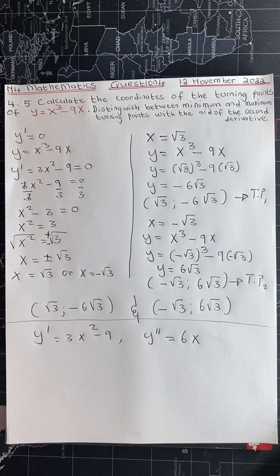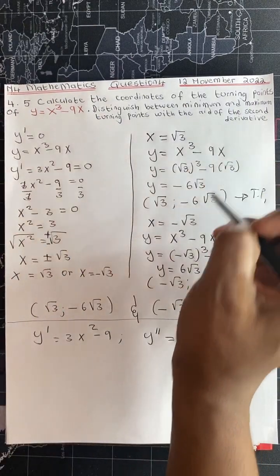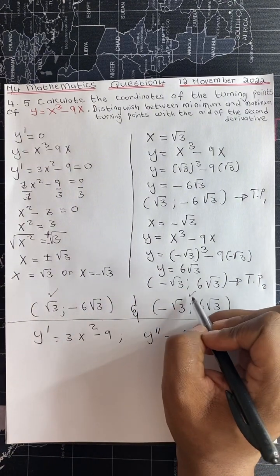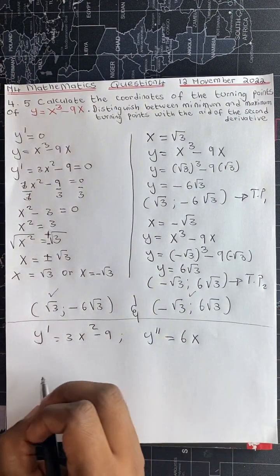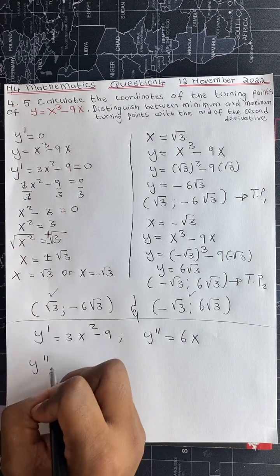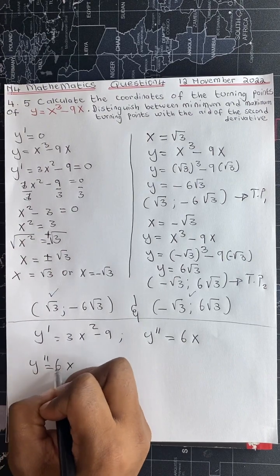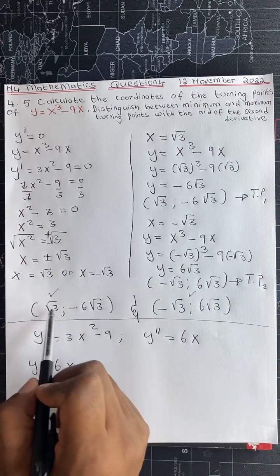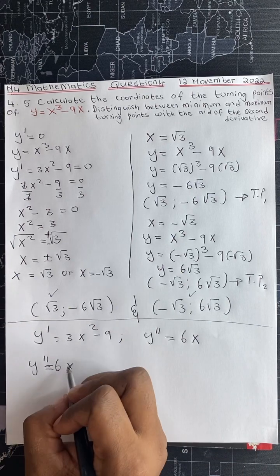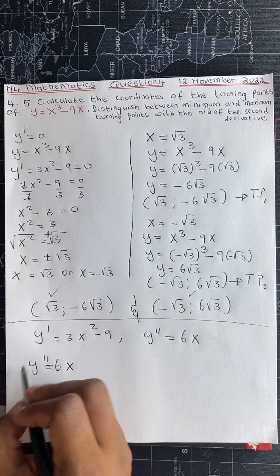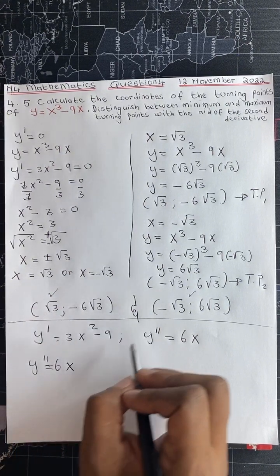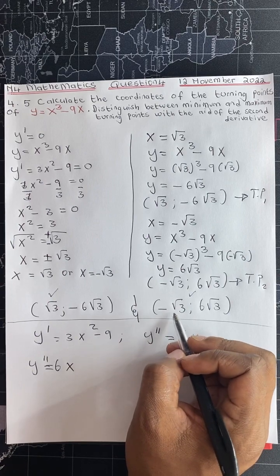In order for us to distinguish whether each turning point will be a minimum or maximum, we have to focus on the x value. So we take the x value from both of our turning points and we substitute them into the second derivative. Where there is x, we substitute the square root of 3, and where there is x, we will substitute negative the square root of 3.